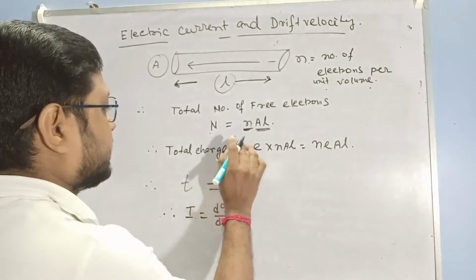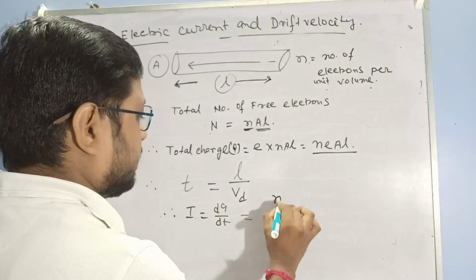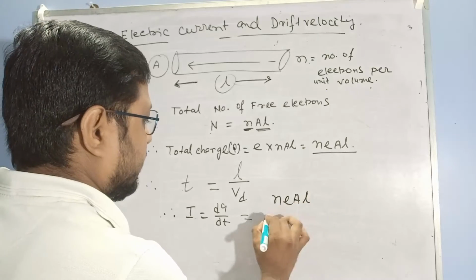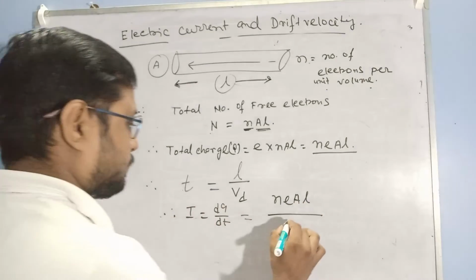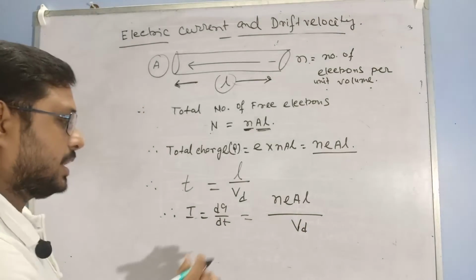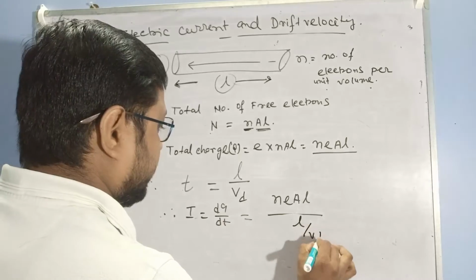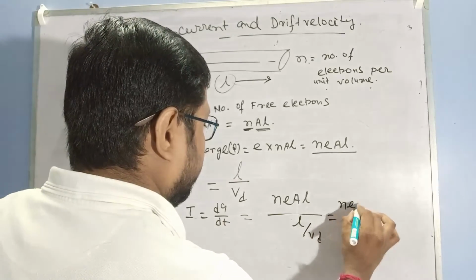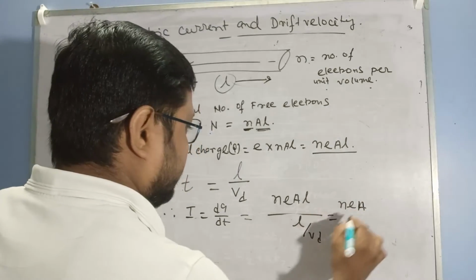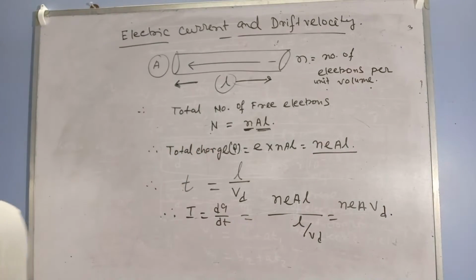What is the value of q? Total charge q equals nAeL. We put the value of neAL and divide by t, where t means L by Vd. So L divided by Vd, therefore neA, L cancels, neA Vd.